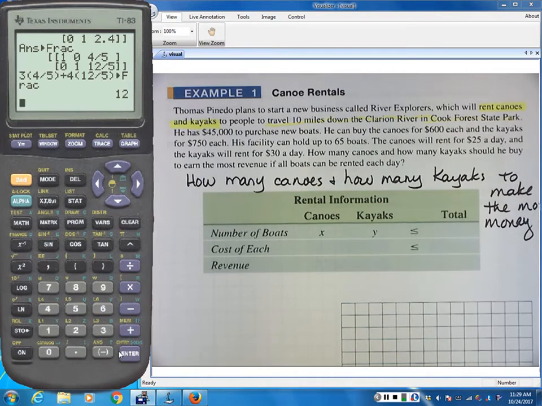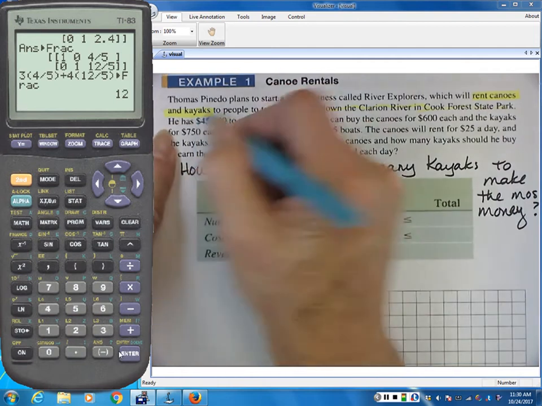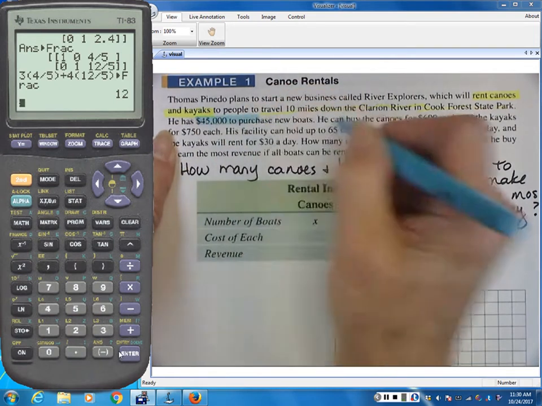So what he wants to know is how many canoes and how many kayaks he is going to need to have to make the most money. Now, if he didn't have any constraints, he'd just go out and buy a bunch of canoes and kayaks and have no idea. But he has constraints. He has monetary constraints and he has spatial constraints. First of all, he has a total of $45,000 to purchase the boats.